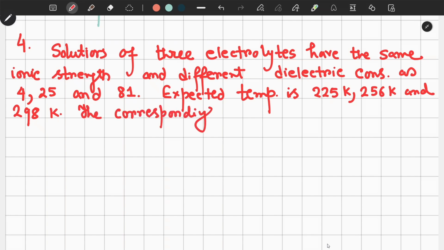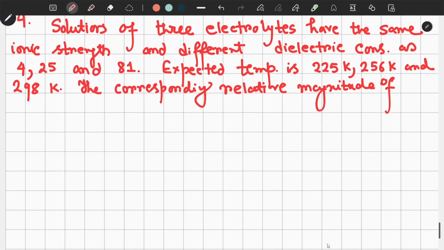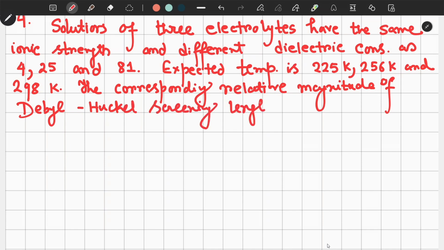The corresponding relative magnitudes of the Debye screening lengths of the three solutions are?